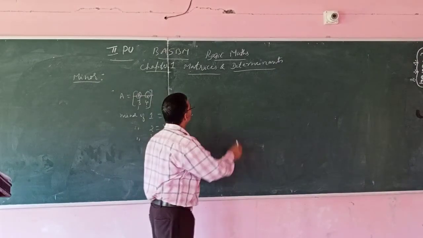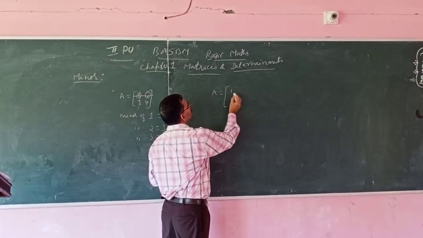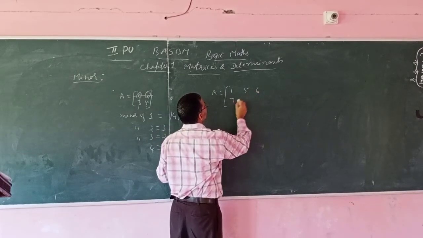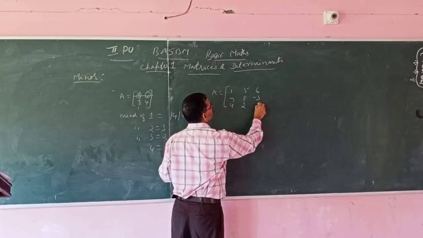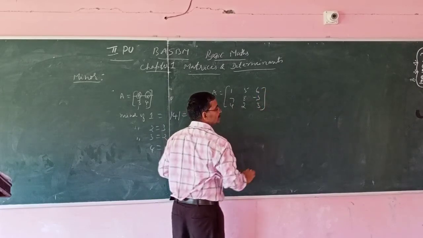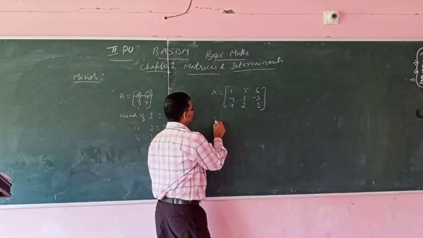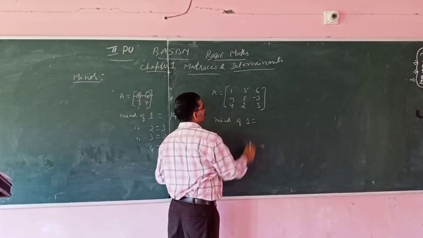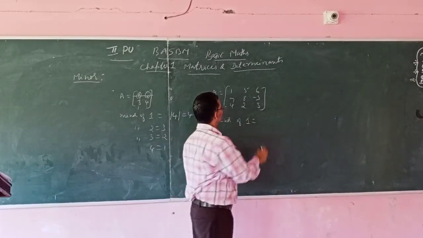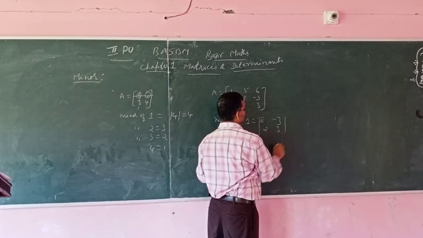Again I will give an example. Say A equal to 1, 5, 6, 7, 8, minus 3, 4, 2, 3. Something like this. What is minor of 1 then? Minor of 1 equals determinant of 8, minus 3, 2, 3.